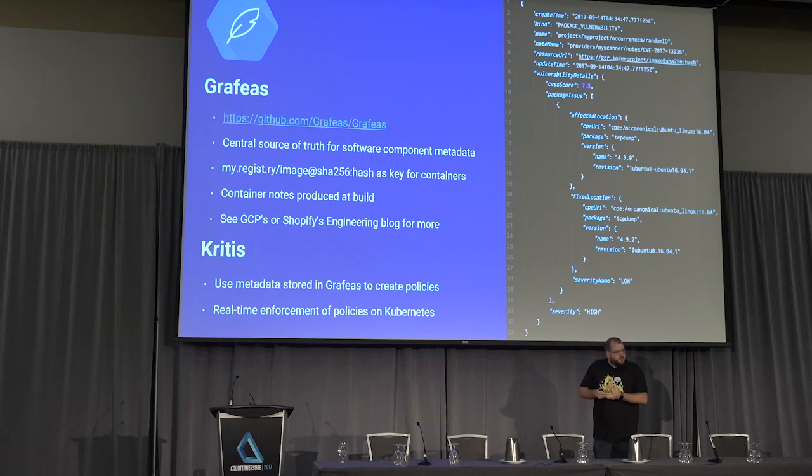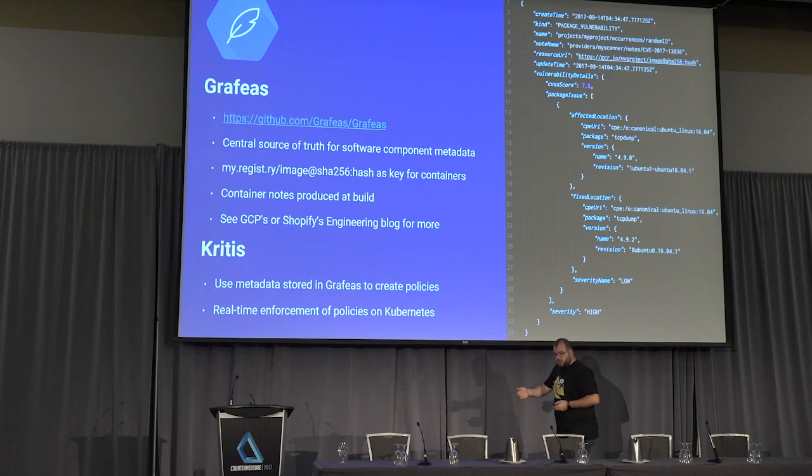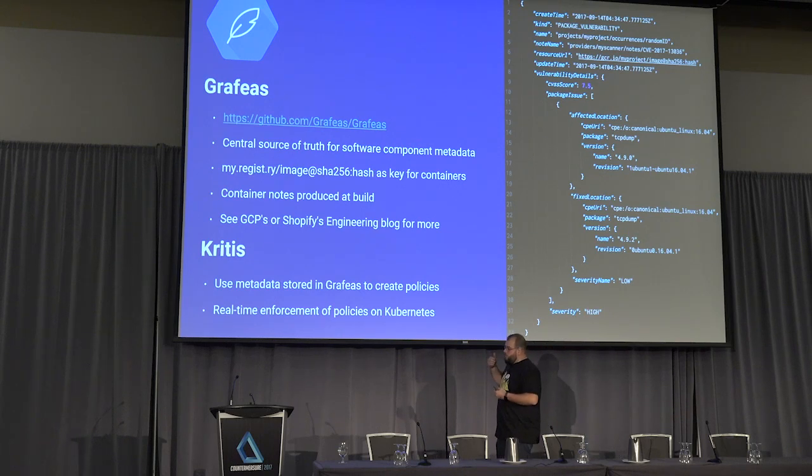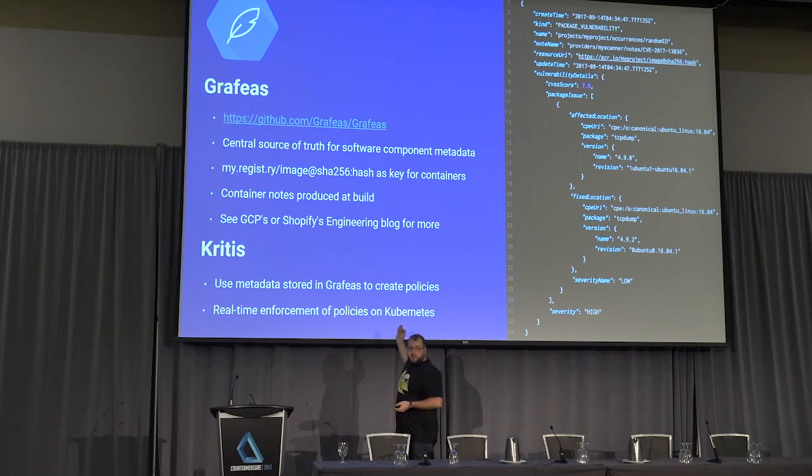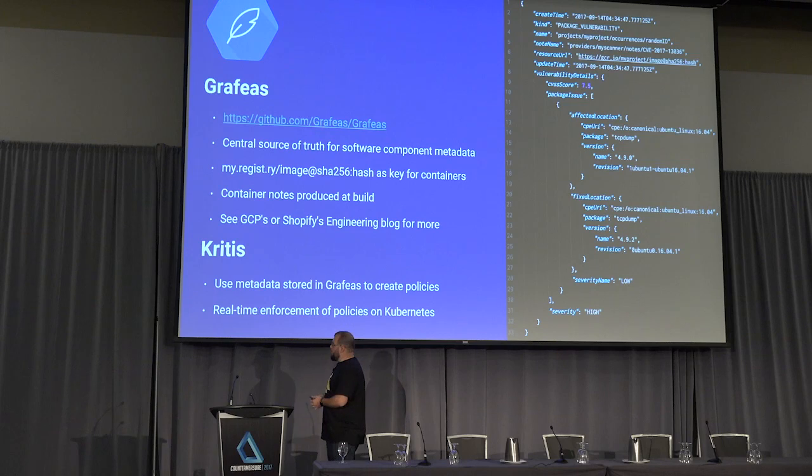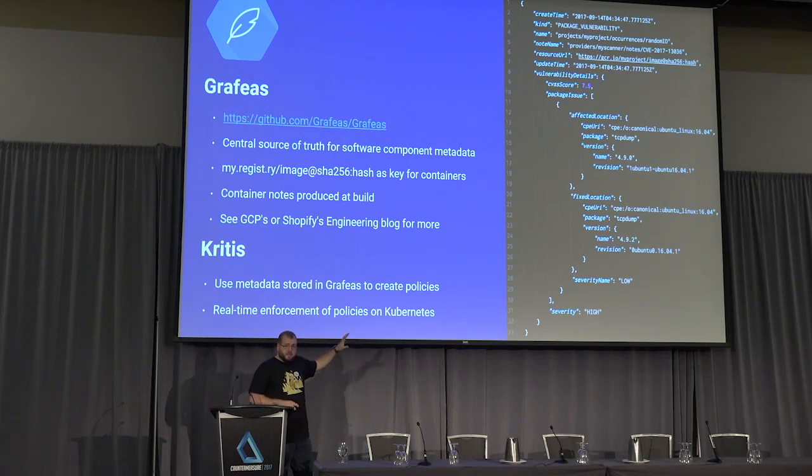Since we have this CVE information stored in Grafeas, and we understand what packages have been installed on our Docker containers at build time, we can actually go through and create what's called an occurrence of a vulnerability that's found in the container so we can react a little bit more appropriately to it. So this really makes up a large piece of our container enforcement and governance.